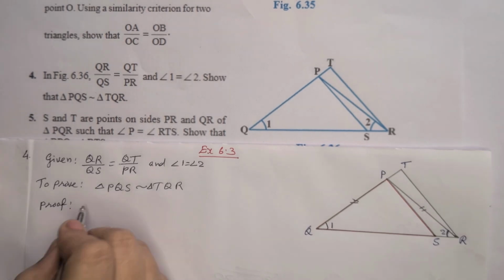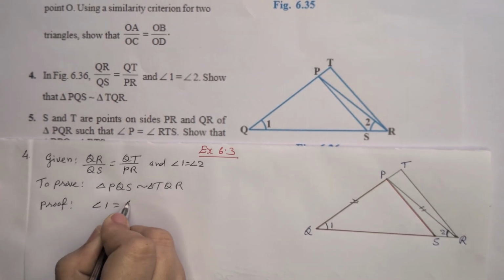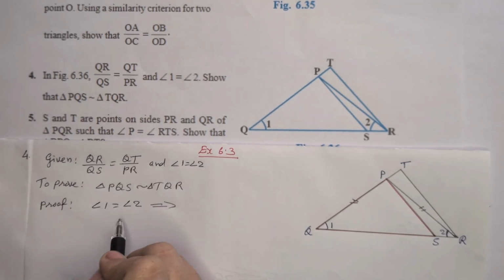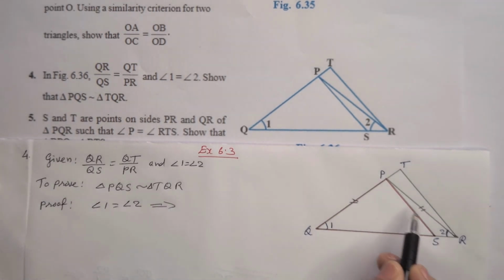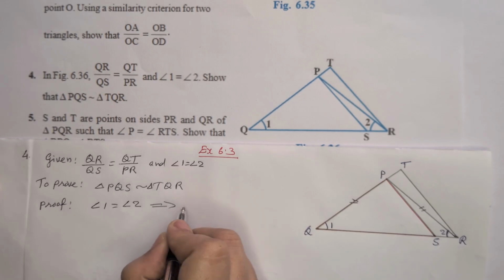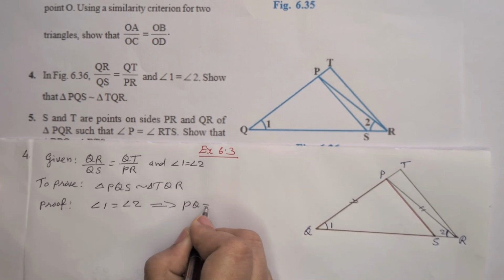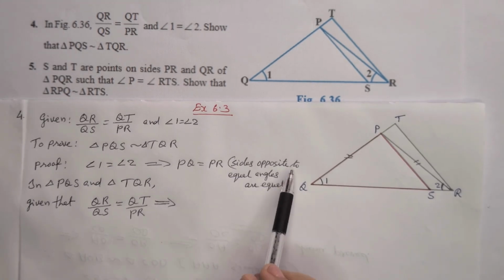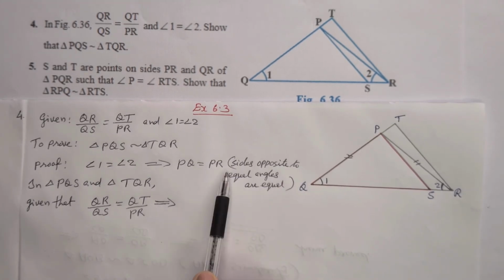So first we can write angle 1 is equal to angle 2, which is given. From that we can write PQ is equal to PR. But what is the reason? Sides opposite to equal angles are equal.